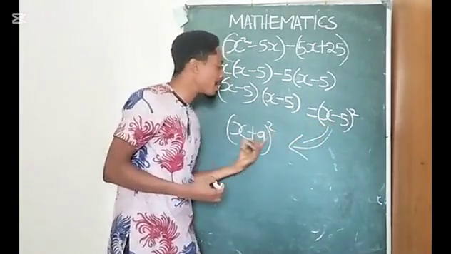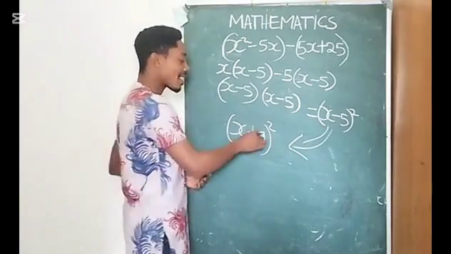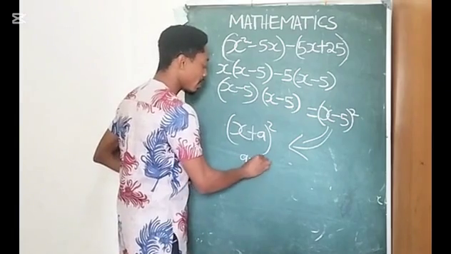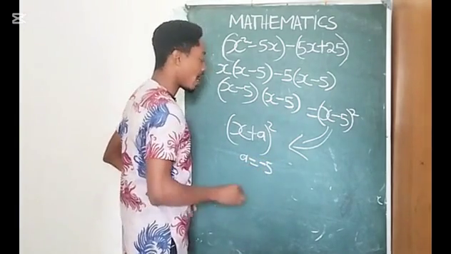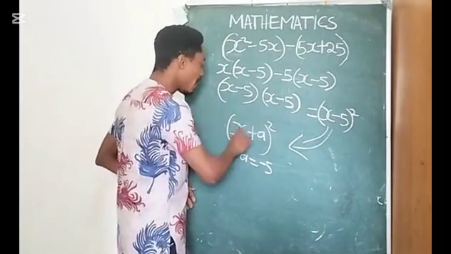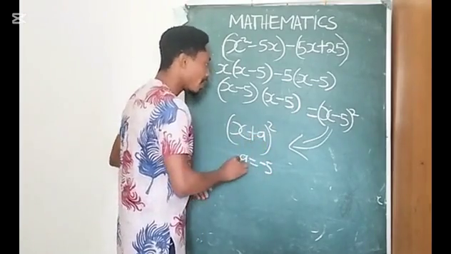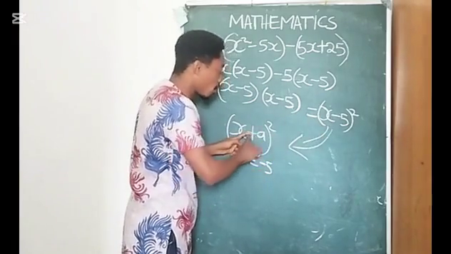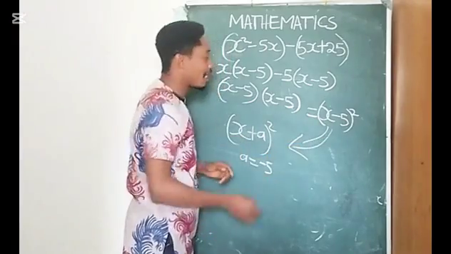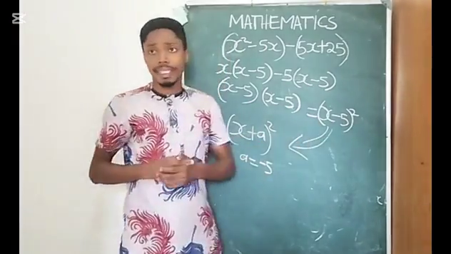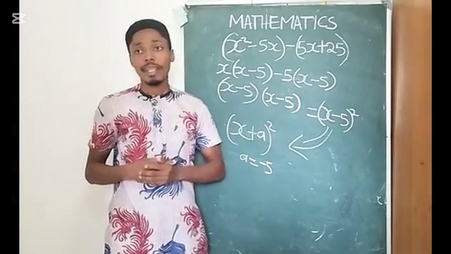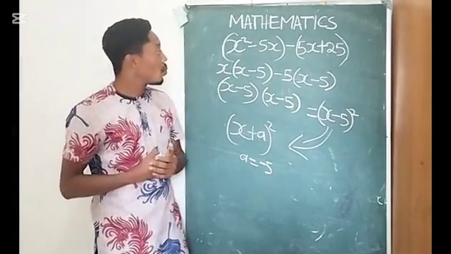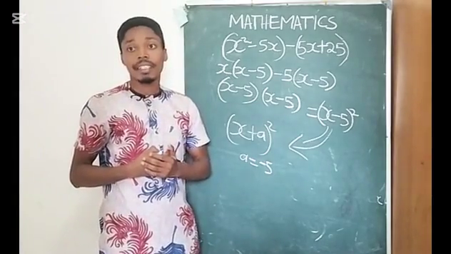So by comparison, the value of a is minus 5. X plus a is x plus minus 5, because plus minus is minus. So that is fixed.